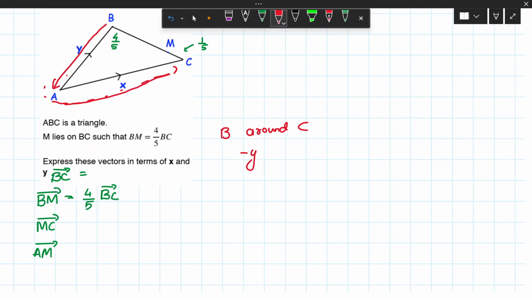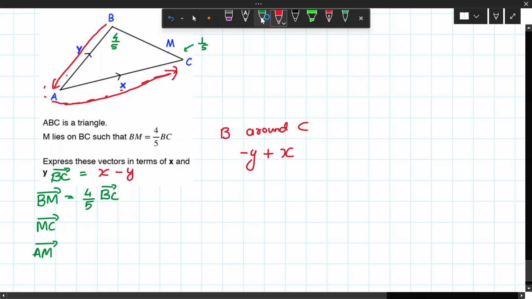X is going up, and I am also going up. If you're traveling in the same direction as the vector, you're collecting the positive variable. If you're traveling in the opposite direction, you're collecting a negative variable. So this is negative y, positive x. Just to make it neat according to the English alphabet, we're going to write x minus y.